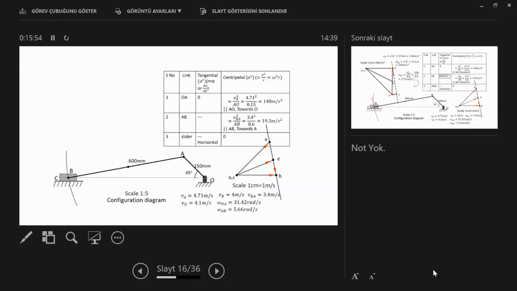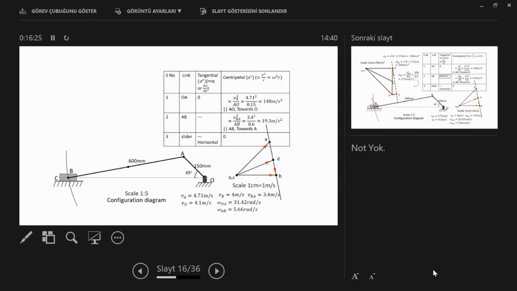Let's come to the slider. In the case of the slider, we know the direction, and we know that the slider doesn't have a normal component. The normal component is 0. Why 0?